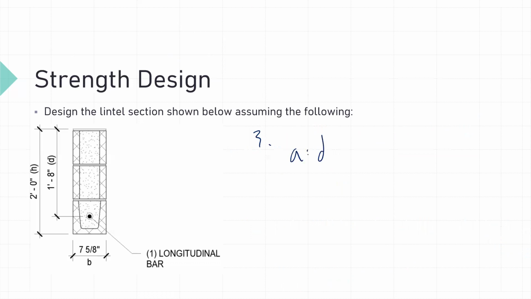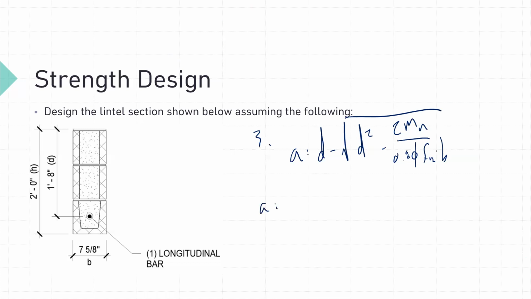So A equals D minus the square root of D squared minus 2 times our M sub U, our design moment, over 0.8 times phi times F prime M times B. And that equation is from a couple of slides ago.